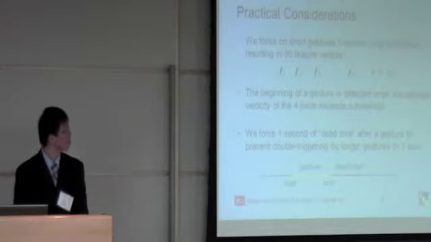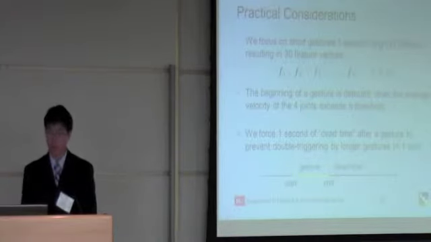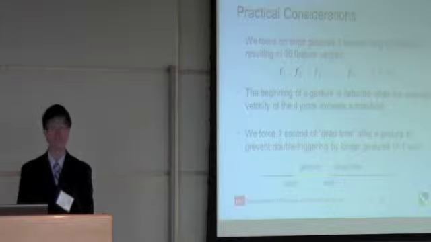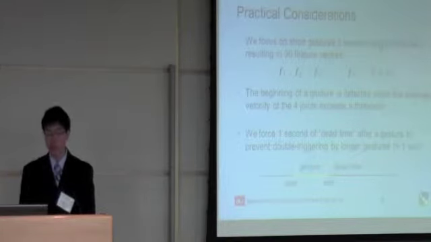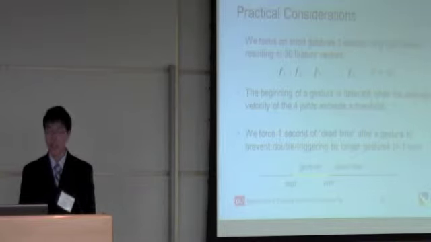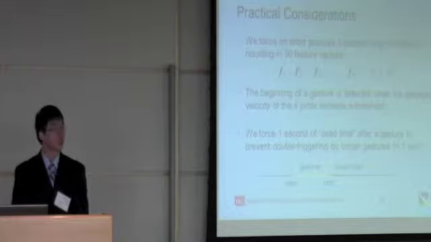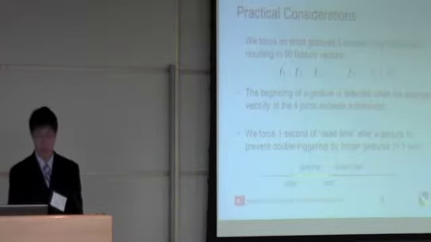Here are some practical considerations. We focus only on short gestures, so it is fair to assume that each gesture is 1 second long. It results in 30 visual vectors, each corresponding to 1 frame. And we need to detect when a gesture begins. So we threshold the average velocity of the 4 joints.